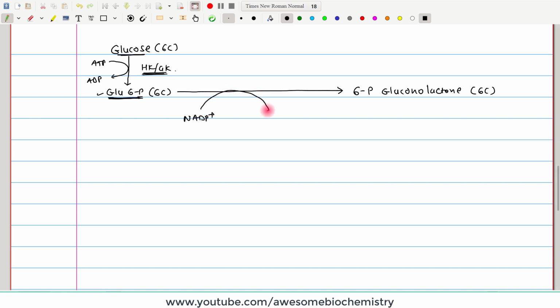NADP+ gets reduced to NADPH plus H+. Now this important reaction is catalyzed by one of the very important enzymes, glucose 6-phosphate dehydrogenase, often abbreviated as the G6PD enzyme.